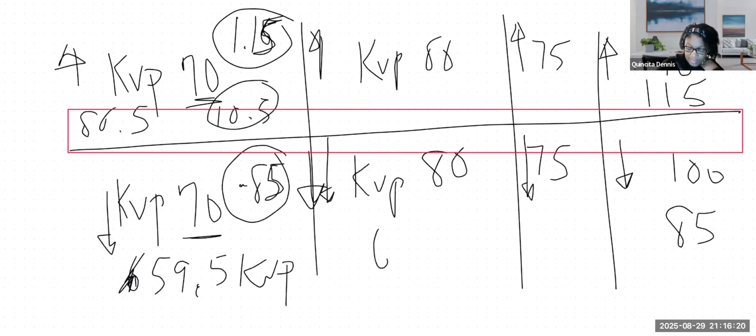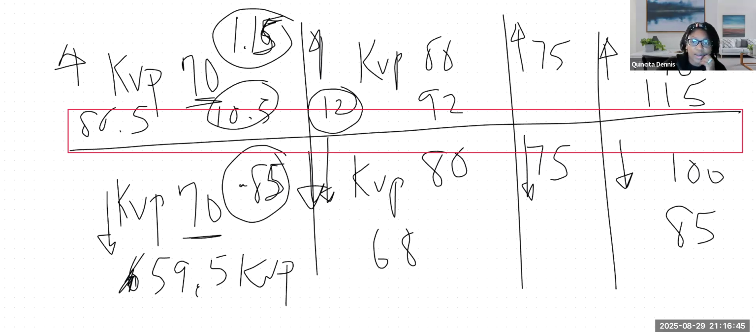And 80 times 1.15 gives you 92 kVp. All right, 15% of 80 is 12. So we simply added 12 or we reduced it by 12.